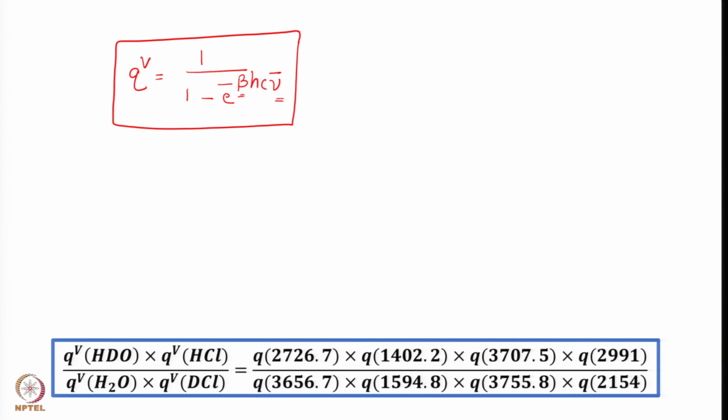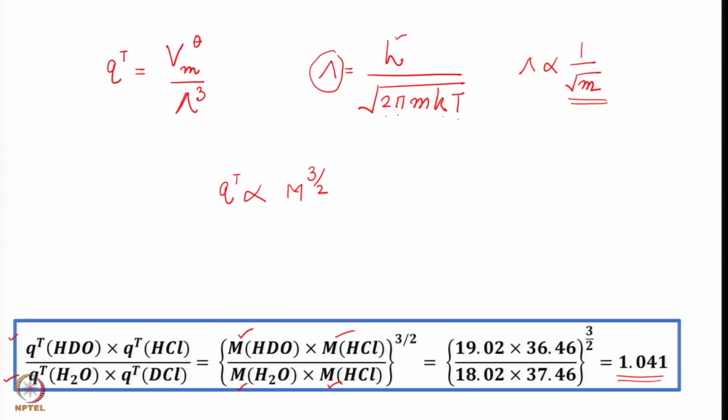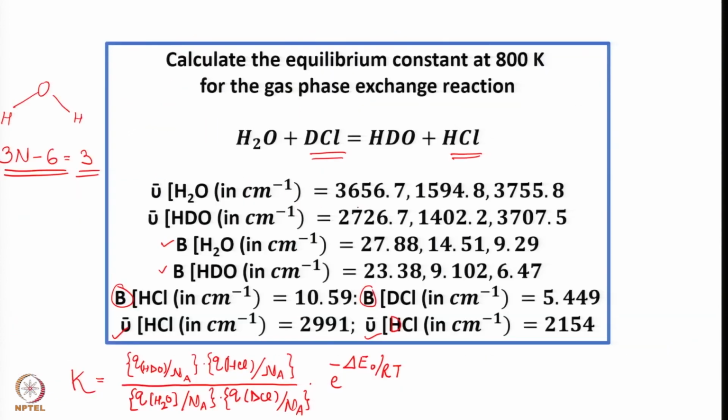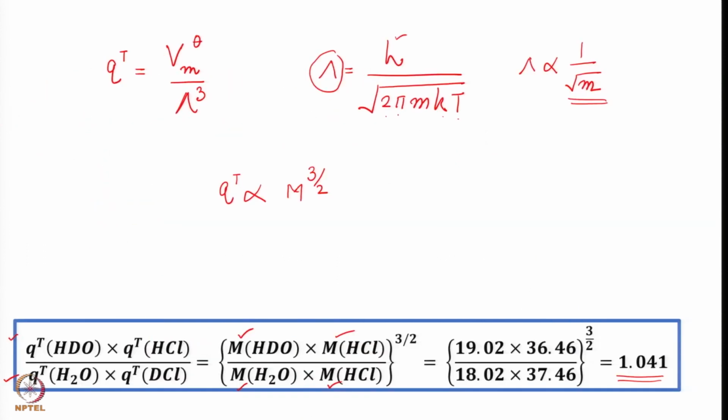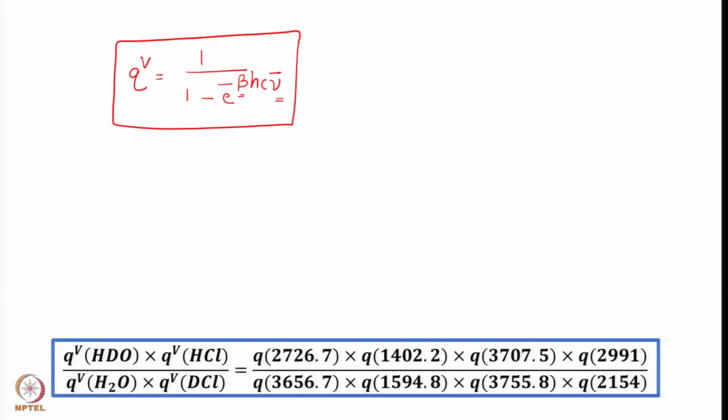All right. So if you look at the problem statement, you have the vibrational wave numbers, 3 for water, 3 for HDO. So in the numerator you will have 3 for this and 1 for this, 4 in the numerator, and in the denominator 3 for this and 1 for this, 4 in the denominator. And that is what you have here. You have 4 in the numerator and 4 in the denominator.